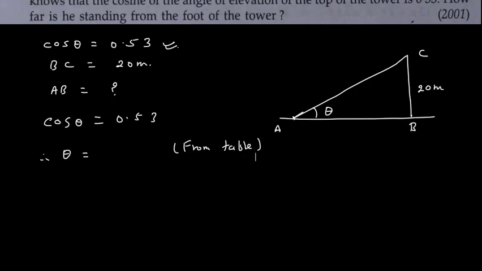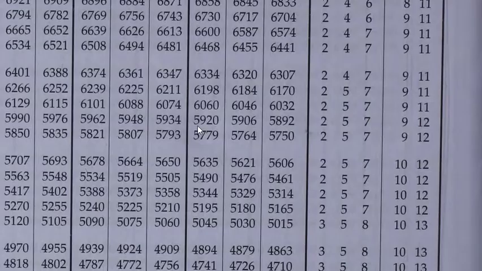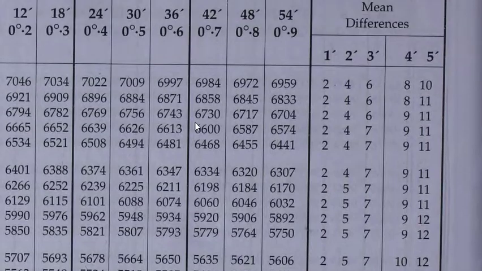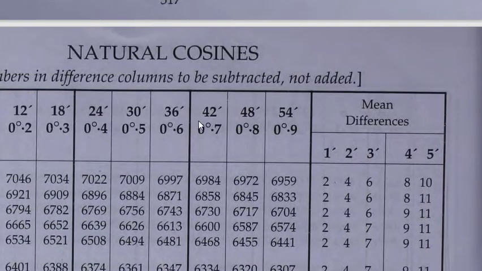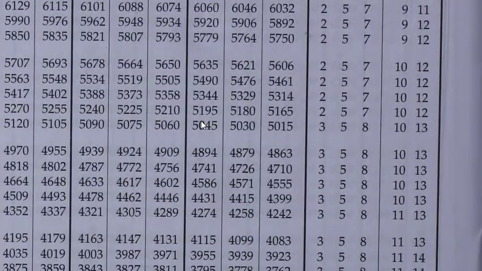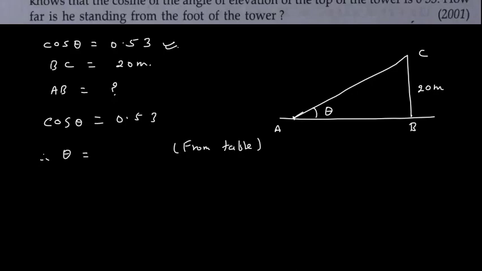This table. So cos theta is given 0.53. This is natural cosine. So I have to locate where 0.53 is. Here 0.54 is there, and 0.5299 is somewhat like this. If I round it, it will be 0.53. So 58 degree. Therefore theta is 58 degree.